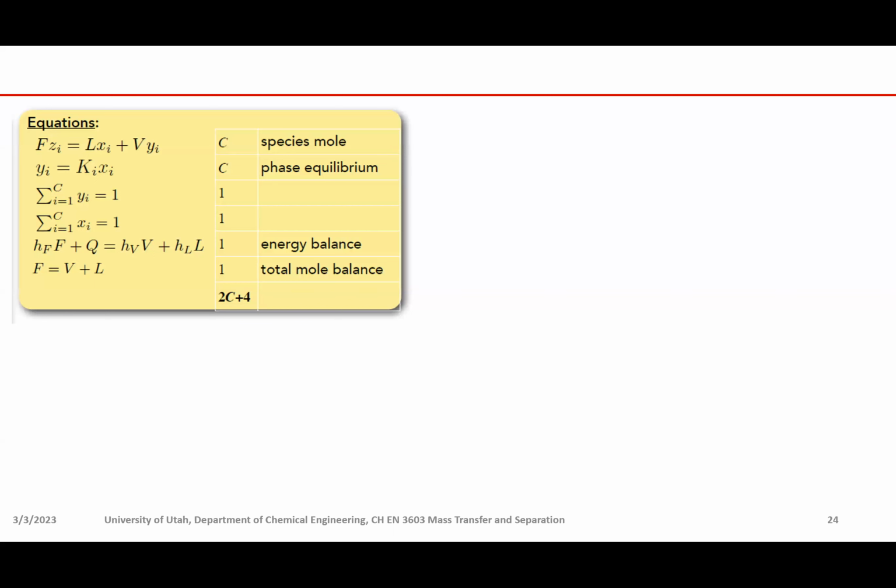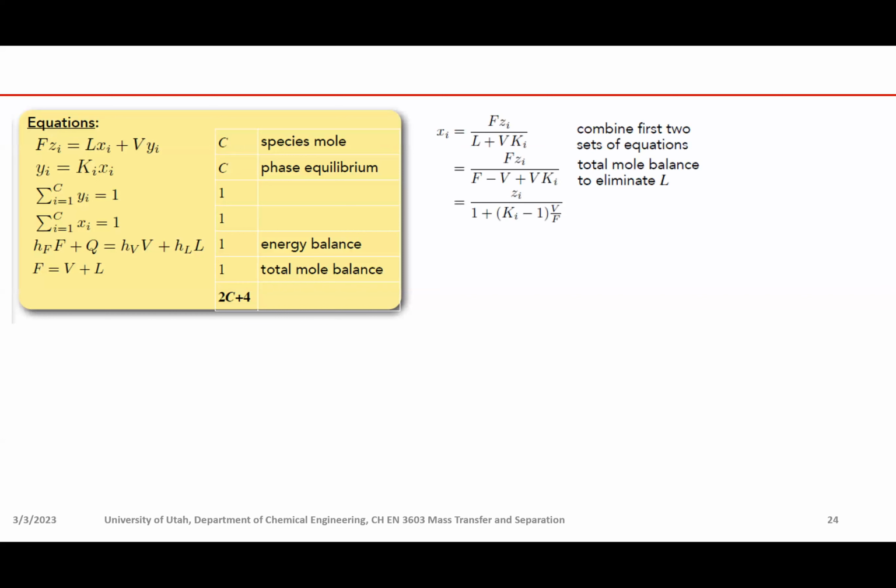So here we're going to do something similar. We try to reduce the number of equations, to simplify the problem a little bit by combining some of the equations. So first thing we do is, if you combine the first 2 equations, right? We have Yi here, and the Yi can be computed by the phase equilibrium.